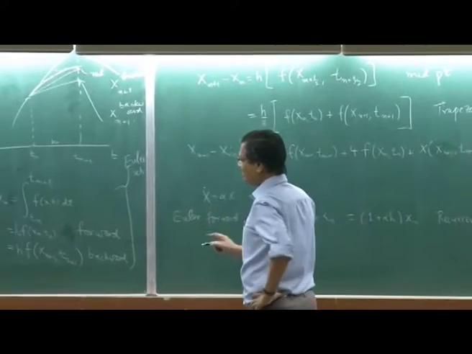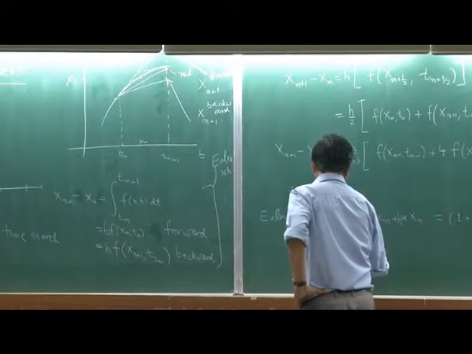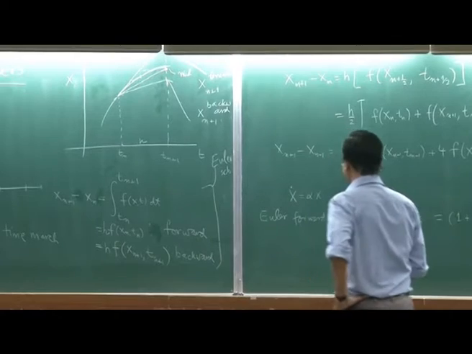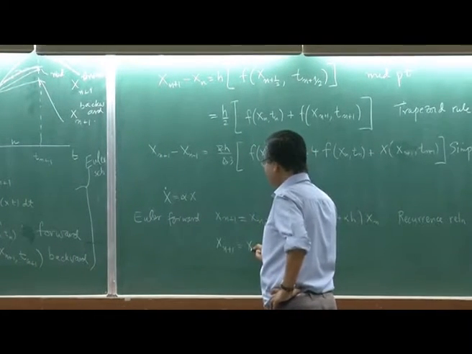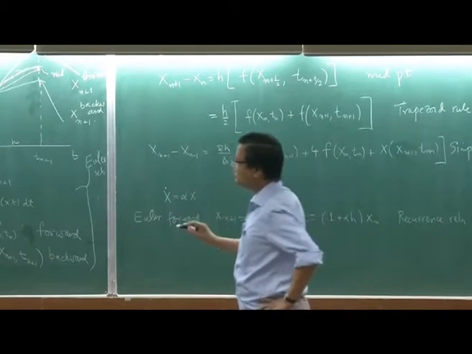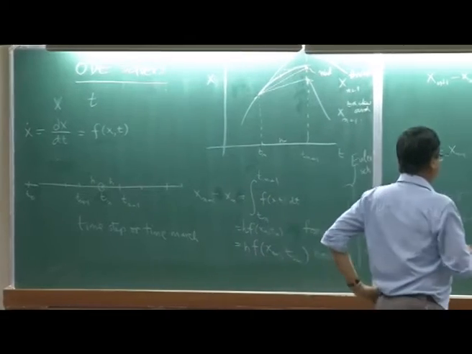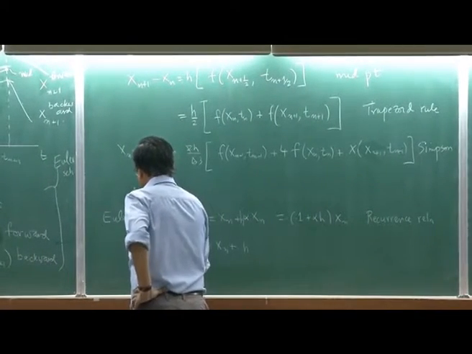I am going to do it by Taylor series, xn plus 1 equal to xn plus h times, so I am expanding at this point. Okay, so my formula, please remember, I am trying to solve x dot equal to f(x, t).